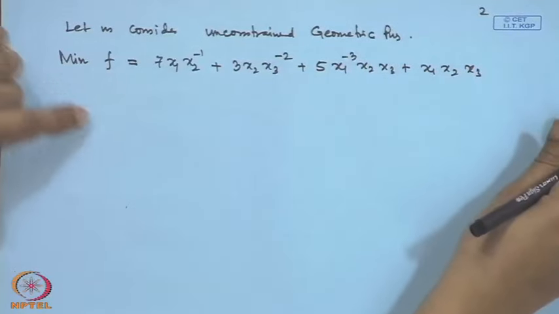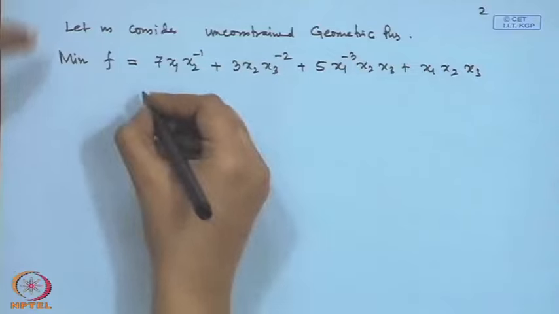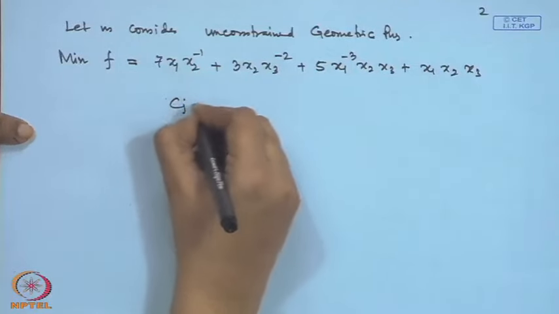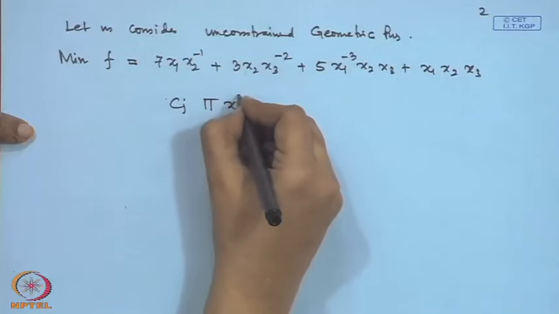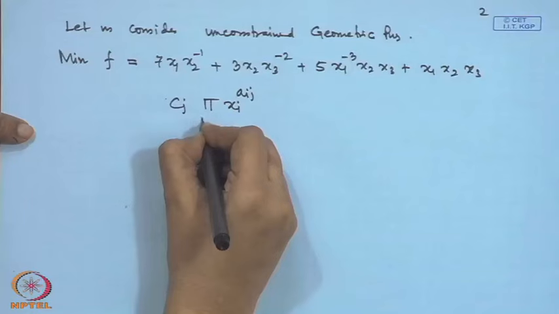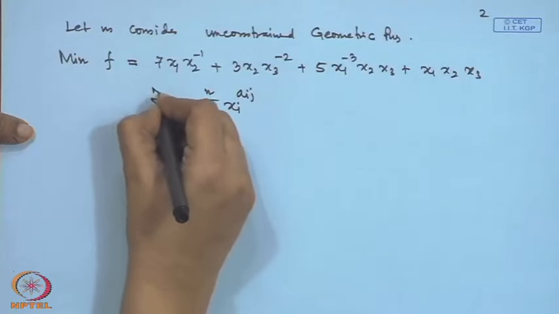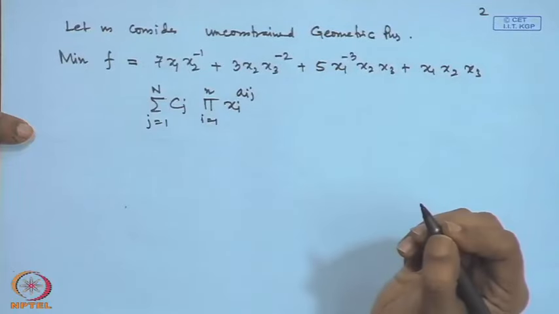If we analyze this function, it is a posynomial because the coefficients are positive, and it is of the form of the summation for j equal to 1 to capital N of Cj times the product of the decision variables, i equal to 1 to n. The similar function we have considered here.